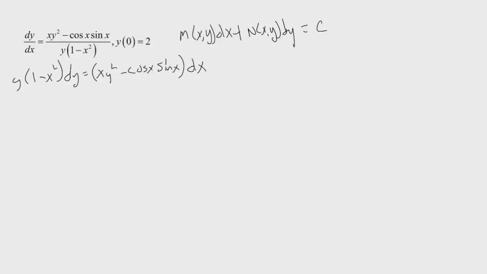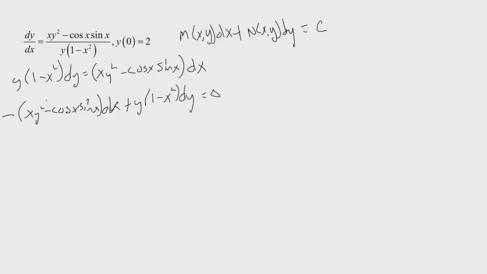Now, it's not quite in the right form yet because I need to put it on the same side. So that would be negative x squared, xy squared minus cosine x sine x dx plus y(1 minus sine squared, or 1 minus x squared) dy equals 0.